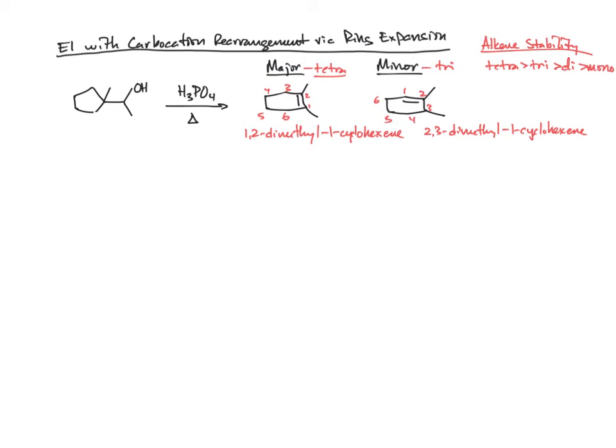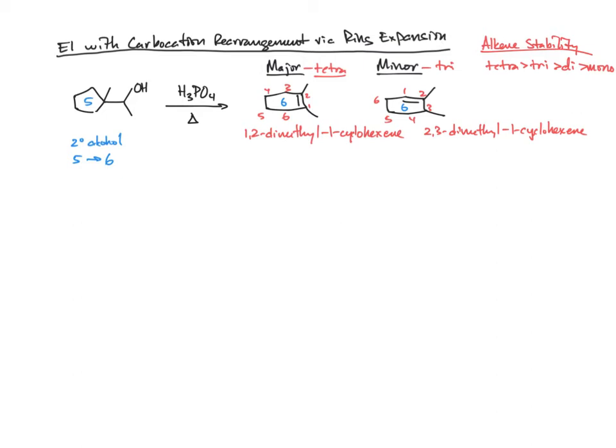So we've already said we're starting with a secondary alcohol. We're ending up with 2 alkenes, tetrasubstituted and trisubstituted. What you'll notice is here we're starting with a 5-membered ring. In the product we're ending up with 6-membered rings. So something that's happening is the 5-membered ring is going to a 6-membered ring.